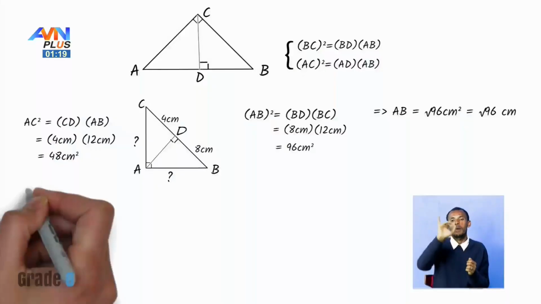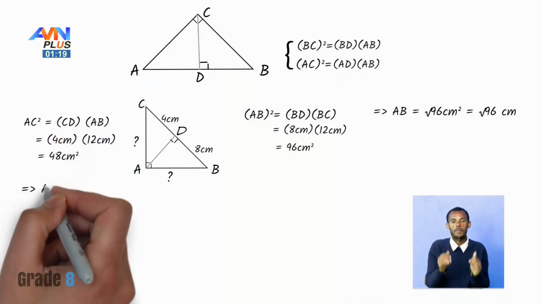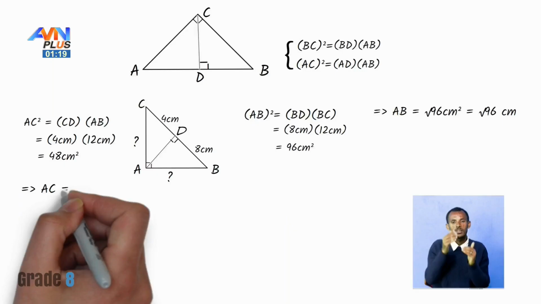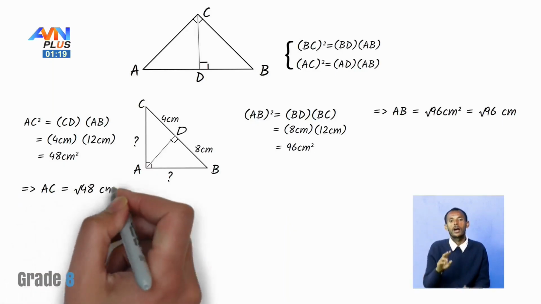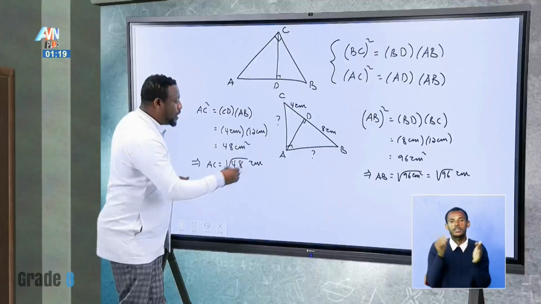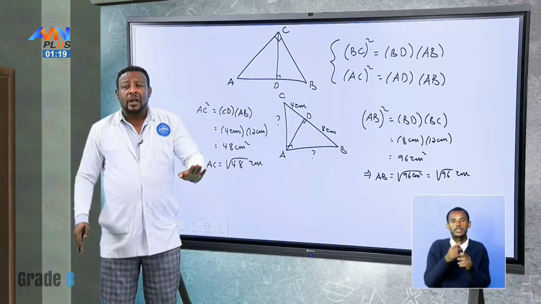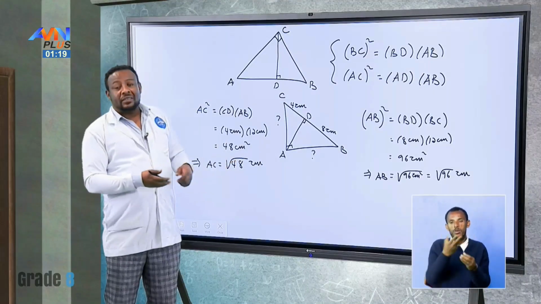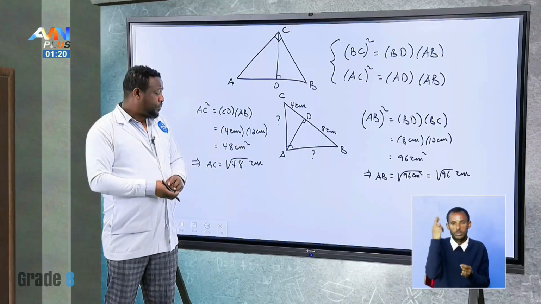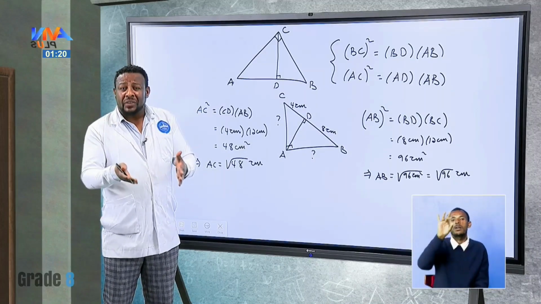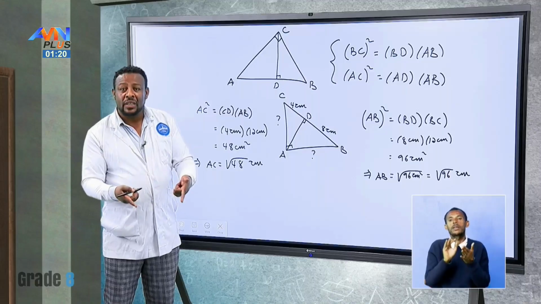Okay, so now you can take the radical of both sides. So this becomes AC is equal to square root of 48, and centimeter square can be taken out from the radical, so it becomes centimeter. This is the answer, but you can also rewrite square root of 48 in a different way, because 48 can be written as 16 times 3.